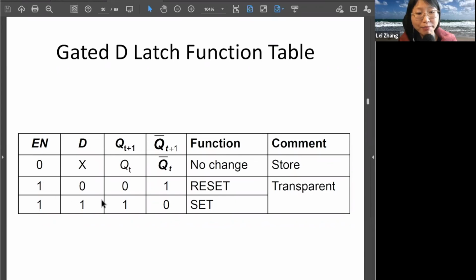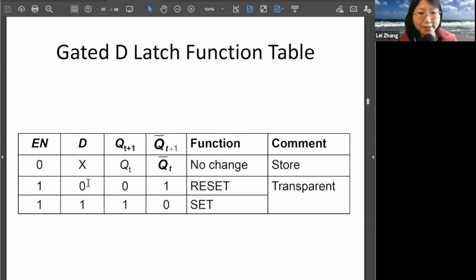When it's enabled, it's transparent. So let's have the transparent state. When it's enabled, when D is 0, output is 0. When D is 1, output is 1. So these two lines can be combined together. How?